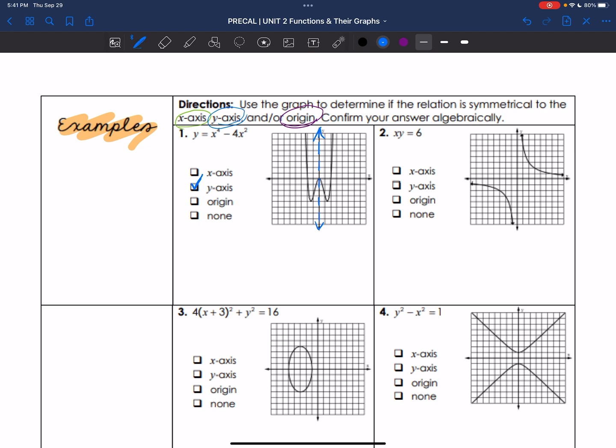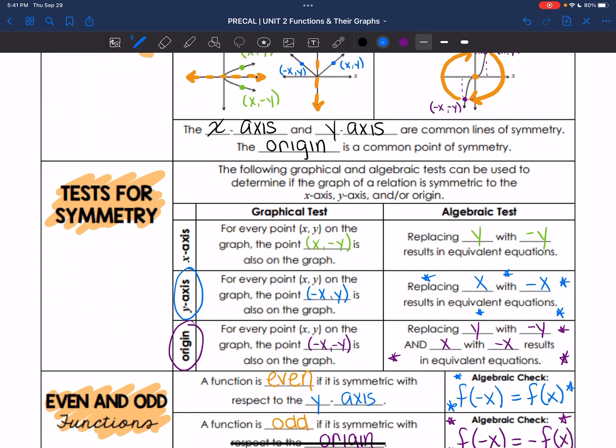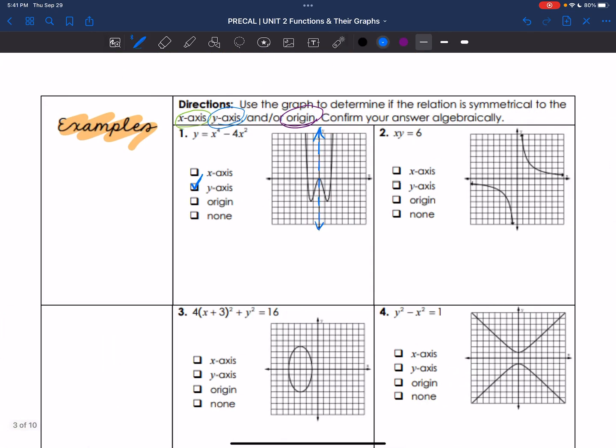What we said is that if it is y-axis symmetry, we should replace x with the opposite of x, and it should result in the same equation. So let's go ahead and try that. I'm going to take my equation, but replace x with the opposite.